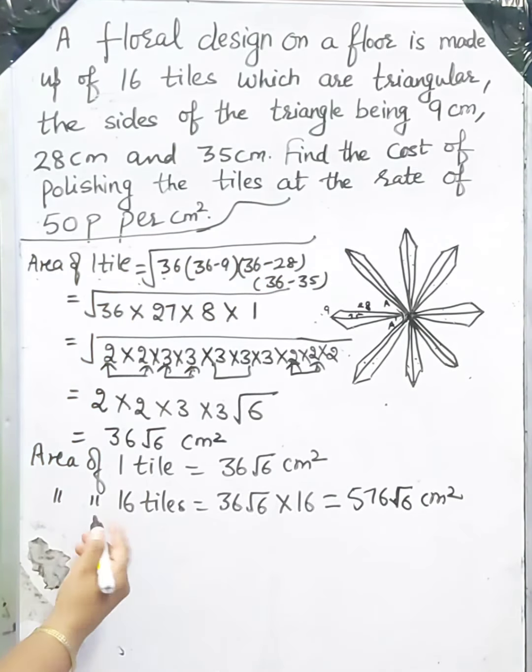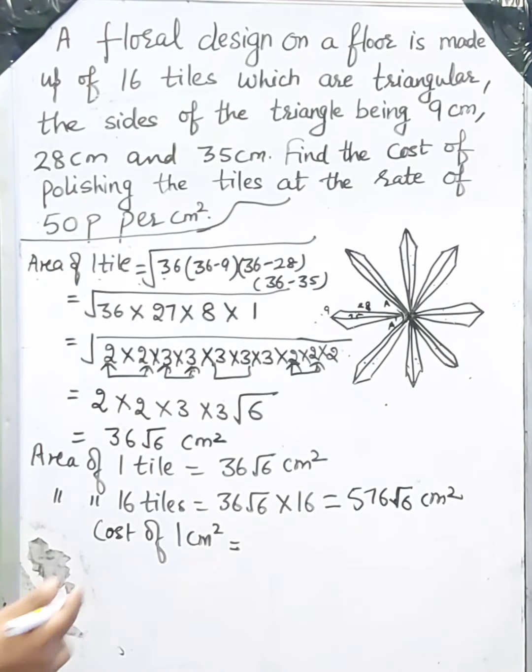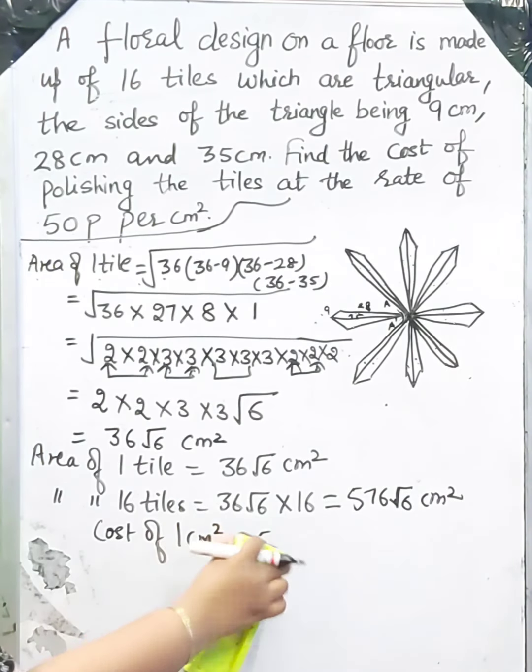Now next step, find the cost of polishing the tiles at the rate of 50 paise per centimeter square. Cost of 1 centimeter square for polishing the tiles is given. Cost of 1 centimeter square equal to 50 paise. Now convert paise into rupees, 50 by 100 rupees.